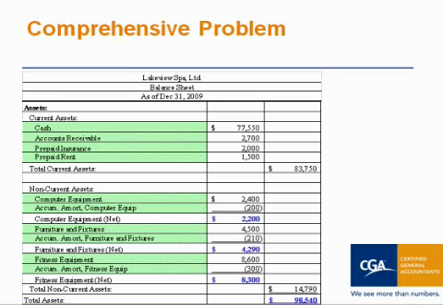And that totals for our non-current assets $14,790. So we sum up our current assets and our non-current assets and our total assets showing on the balance sheet, $98,540. And if you remember from the accounting formula, our assets should equal our liabilities and owner's equity.